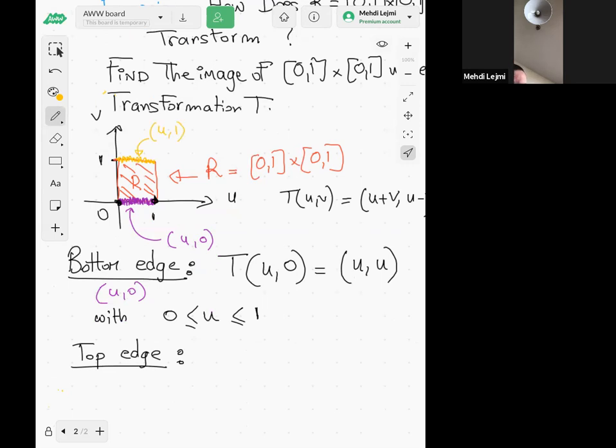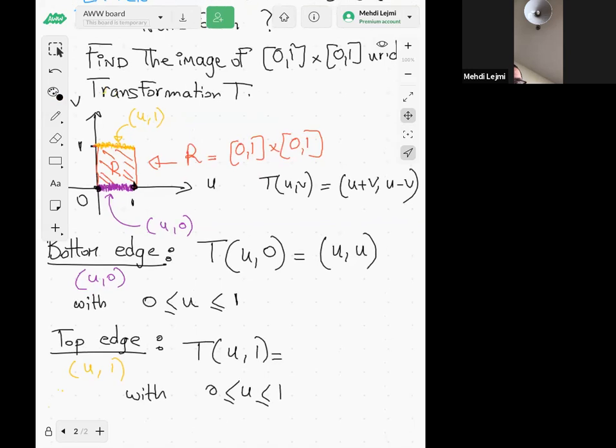Then what will be T of (U, 1), the image of the top edge? Since V is 1, that will be (U plus 1, U minus 1), with U between 0 and 1.